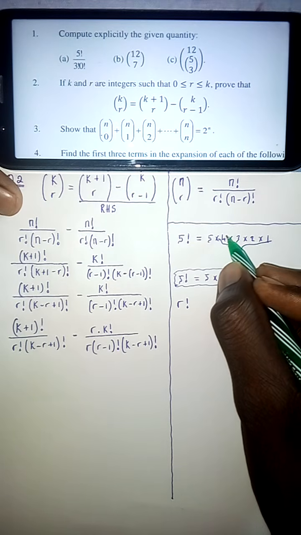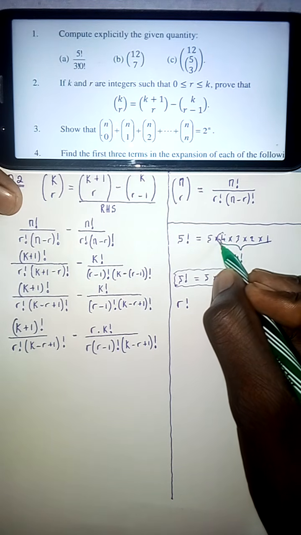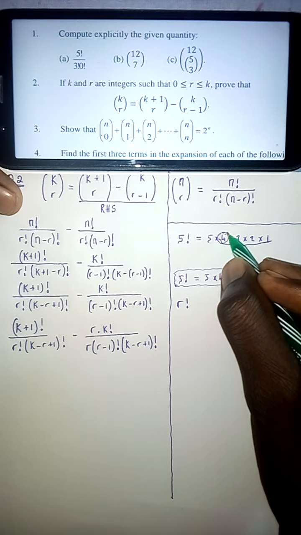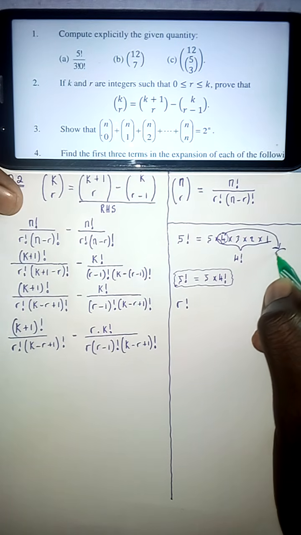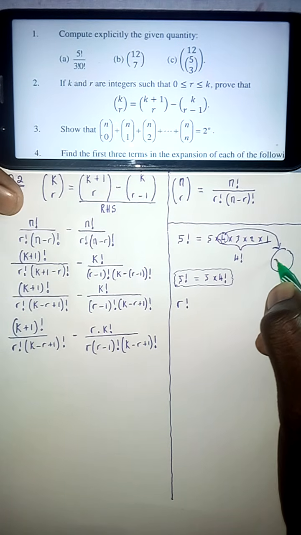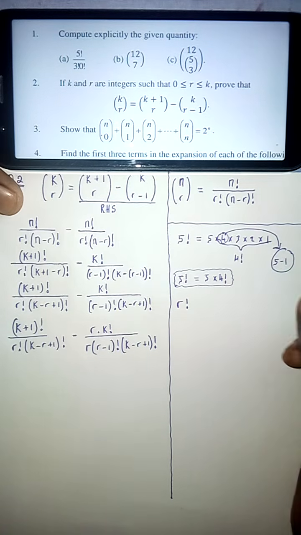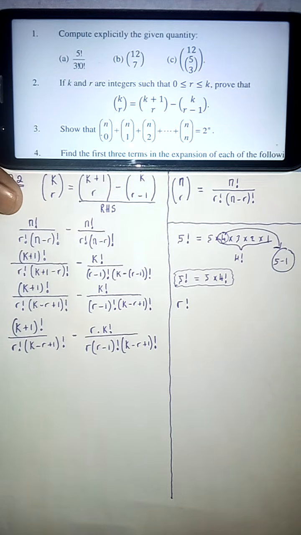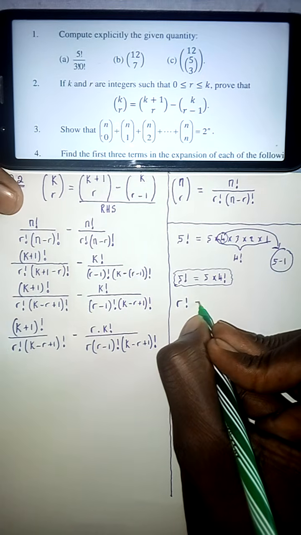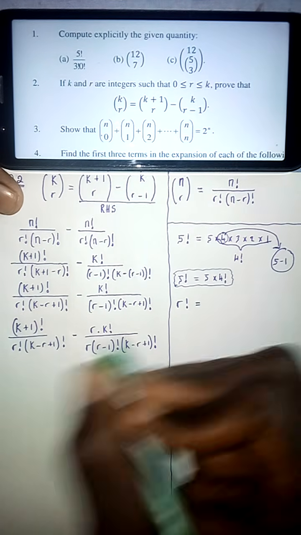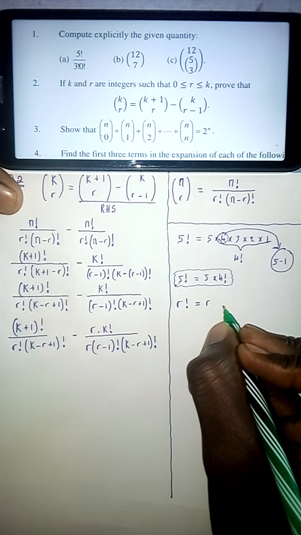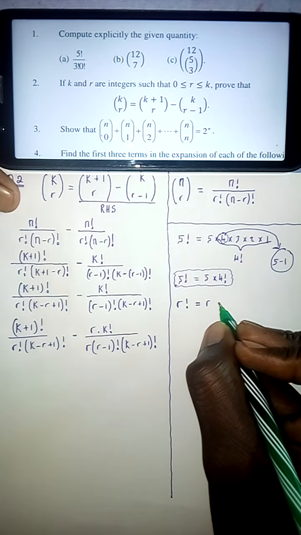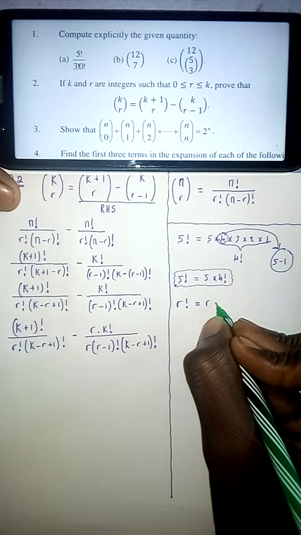Let's also take note that this 4 is the same as 5 minus 1. Do you agree, guys? If you agree, let's proceed. So this can also be written as r multiplied by what?